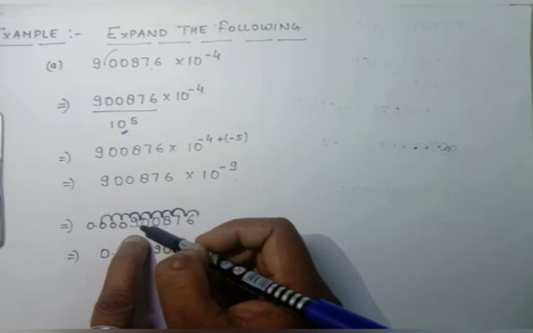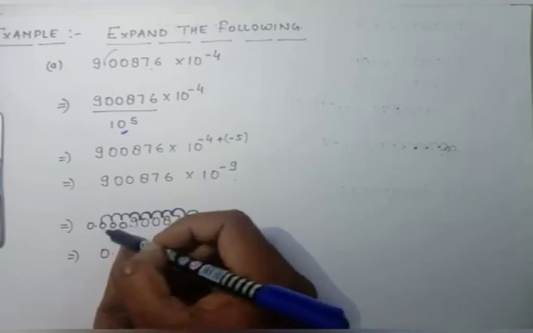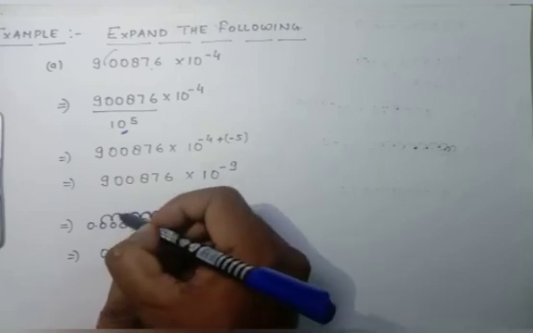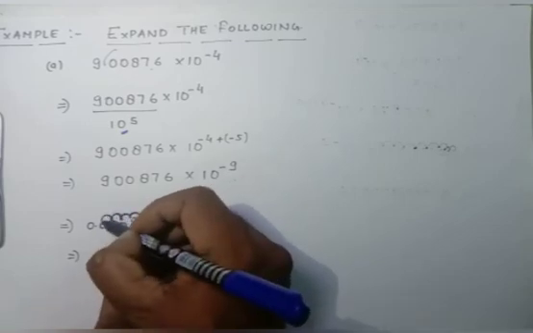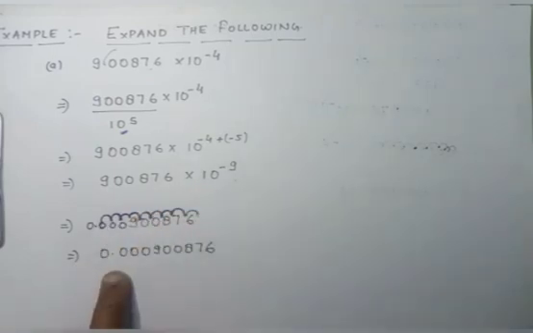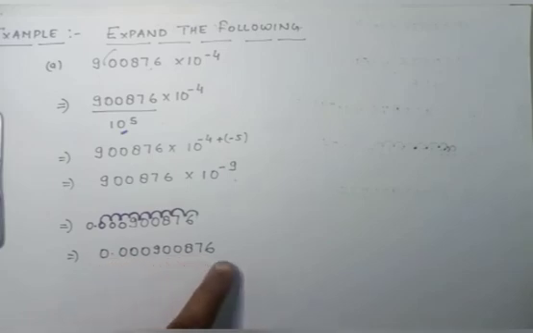After that, how many places are left? 3. So we are going to add that many zeros over here. 6, 7, 8, 9, and after that 9 I am going to place a 0. So it will be 0.000900876. I hope it is clear to everyone.